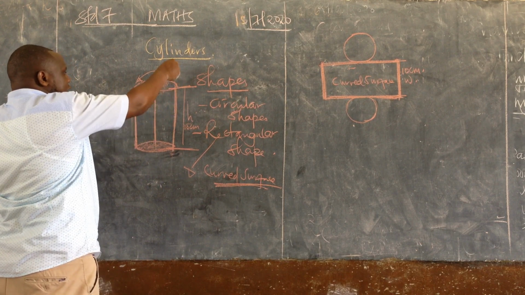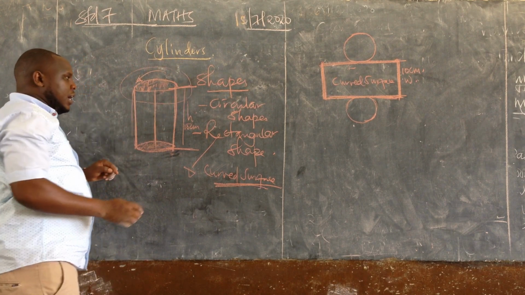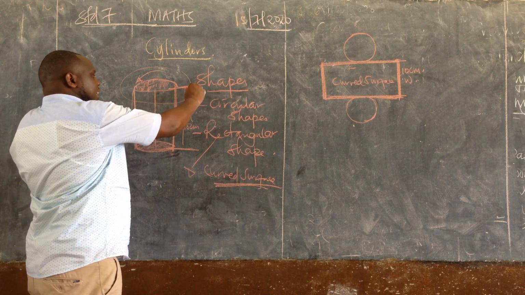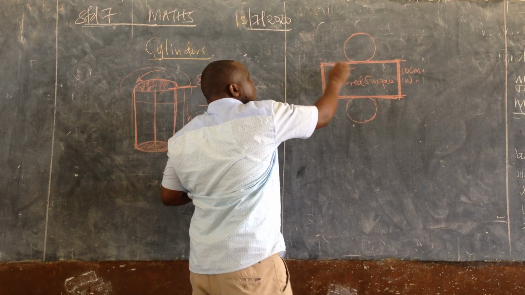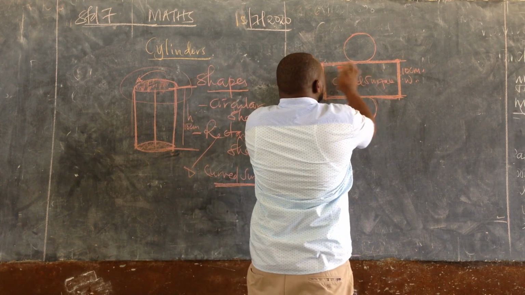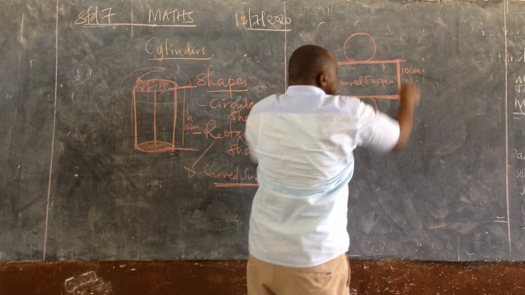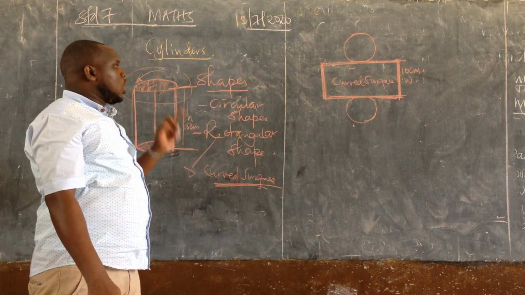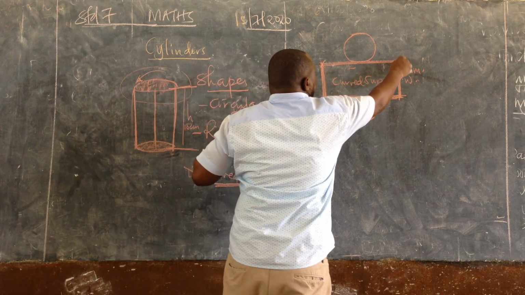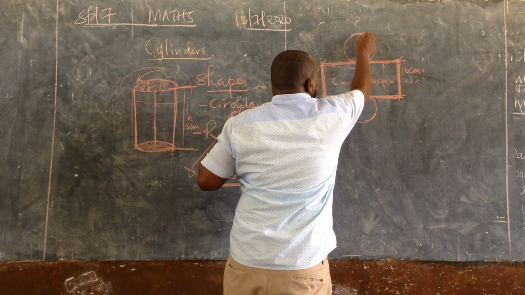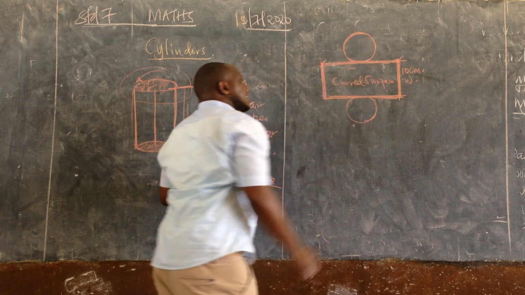Remember, if you want to put a thread around this particular cylinder and then measure that distance, it will be equivalent to the distance from this point to this point, because this is what was formed around this place. If you stretch it, it forms this exactly. So you can only get this distance by calculating the circumference of this particular circle.